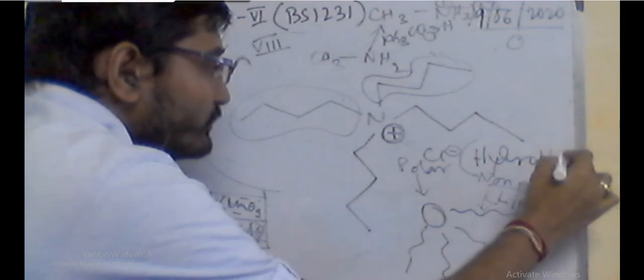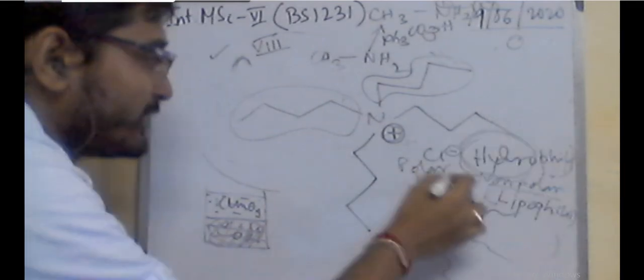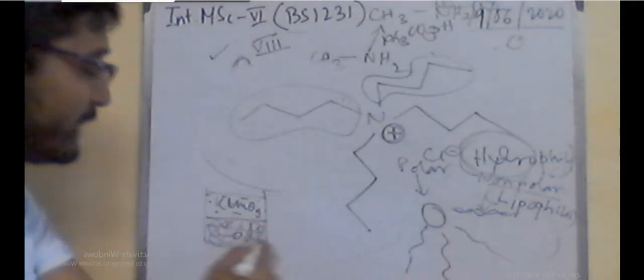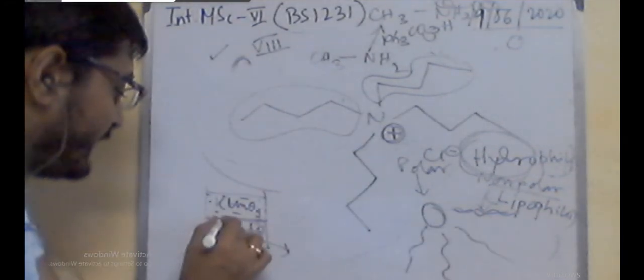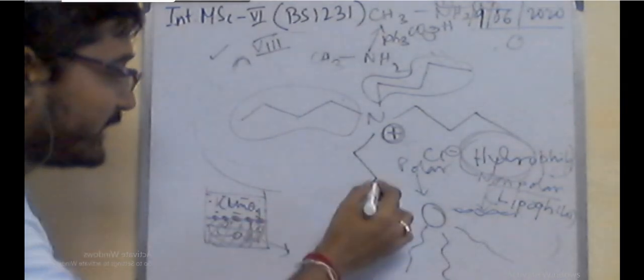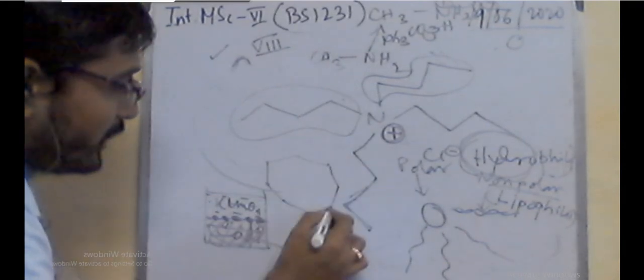Now when they remain at the interface, this non-polar tail can interact with the cyclooctene, and similarly this polar part can interact with the KMnO4. So at this interface both the substrate as well as the reagent come into contact with each other and undergo oxidation.